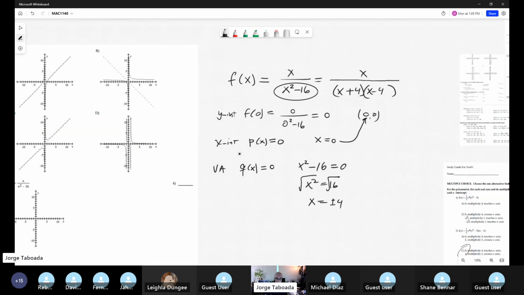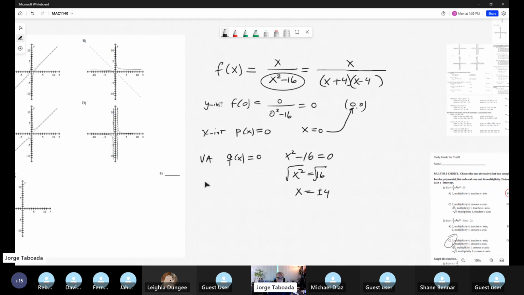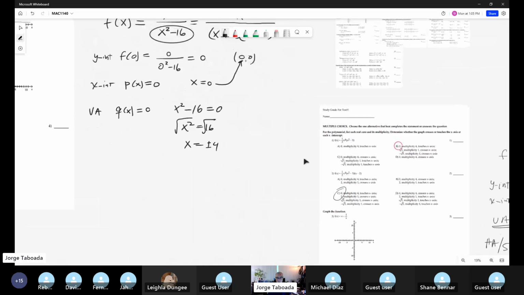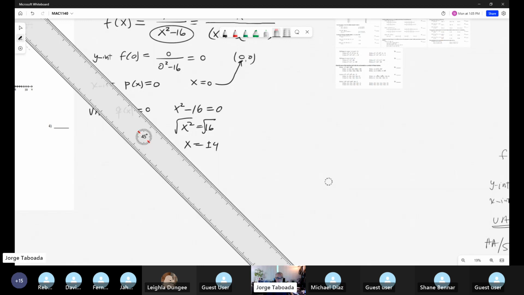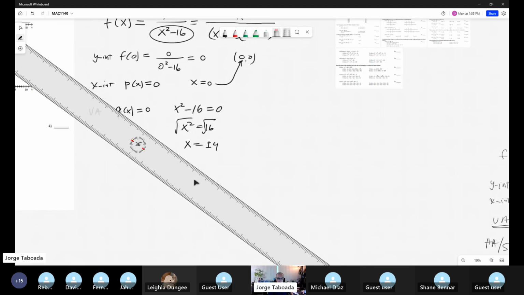So far, the information that we have at this moment is this. At this crucial moment, I make a partition of the whole real number line.